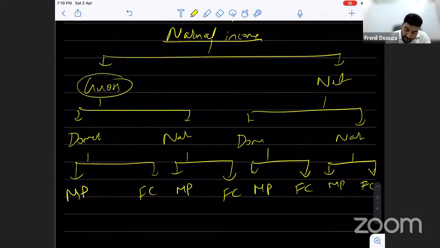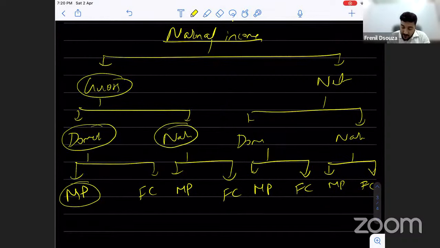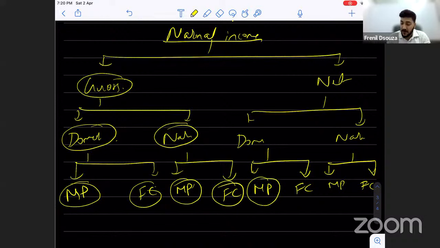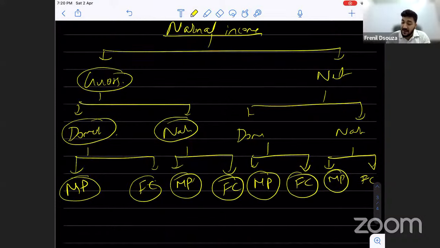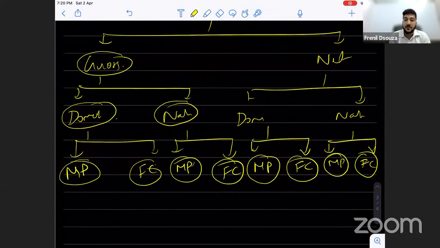How? Gross domestic product at market price, gross national product at factor cost, then gross domestic product at factor cost, then we have gross national income at market price, gross national income at factor cost, net domestic income at market price, net domestic income at factor cost, net national income at market price, and net national income at factor cost.